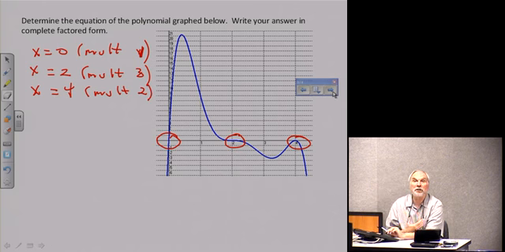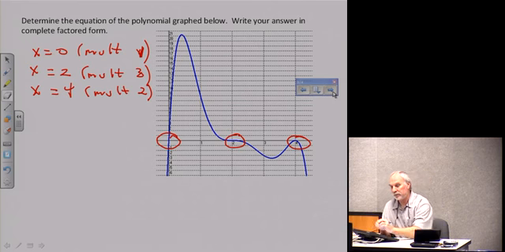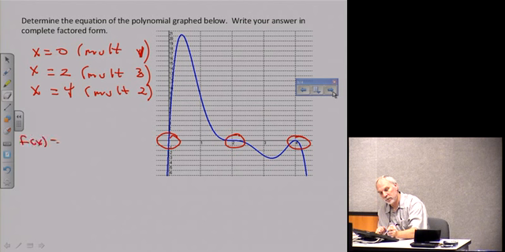So with this information, we can now put together the factors and the exponents on those factors. And I'm going to come down here. Don't forget that lead coefficient of a.